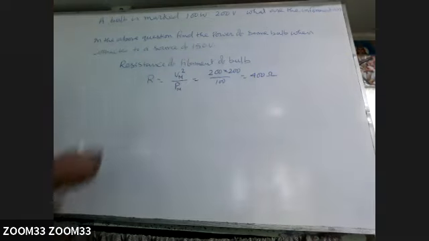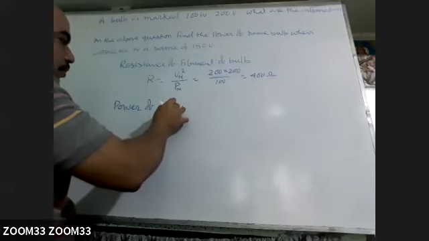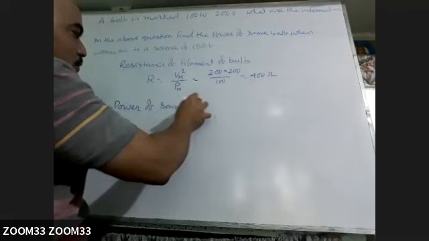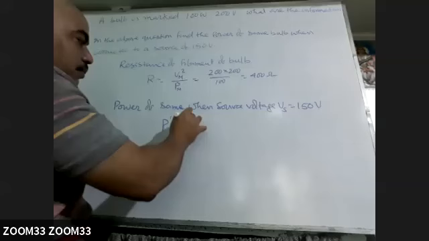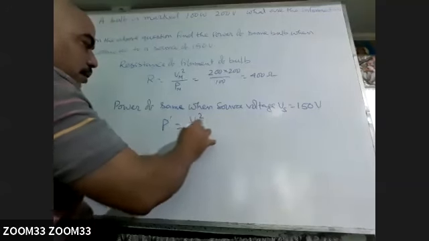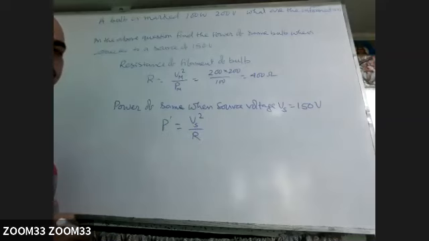Now, what will be the power of the same bulb when the source voltage is 150 volt? So here we will take source voltage squared by resistance.